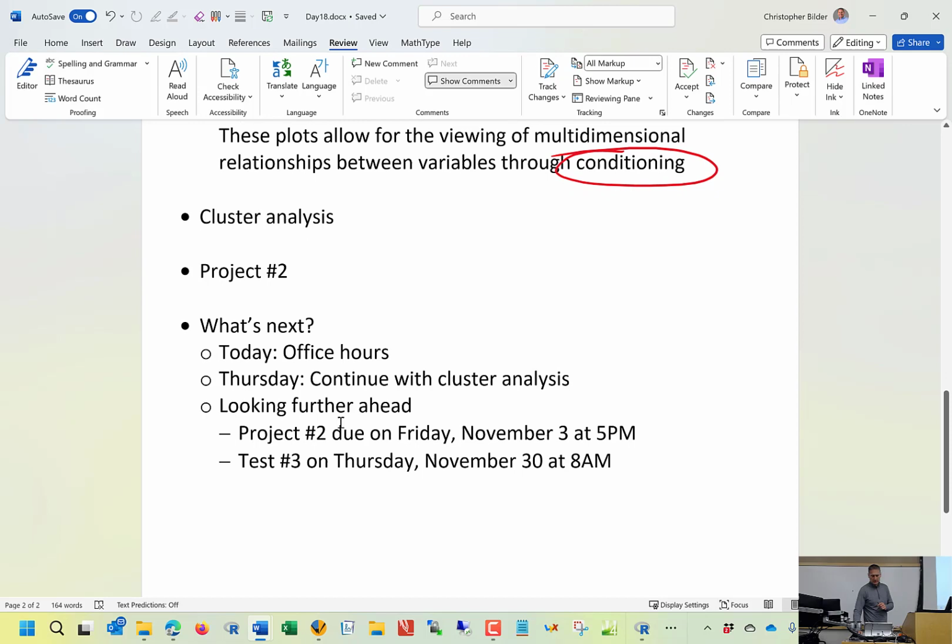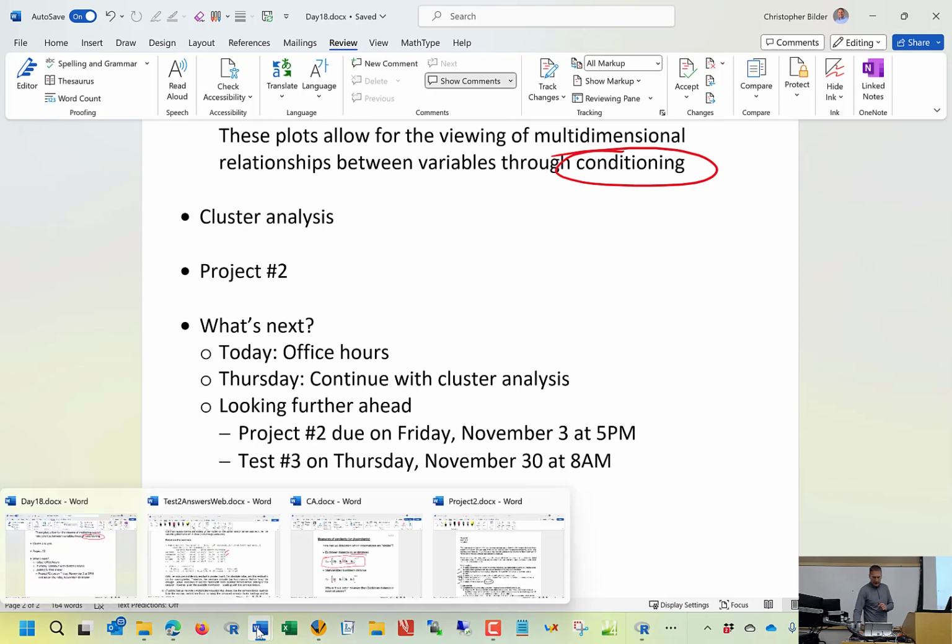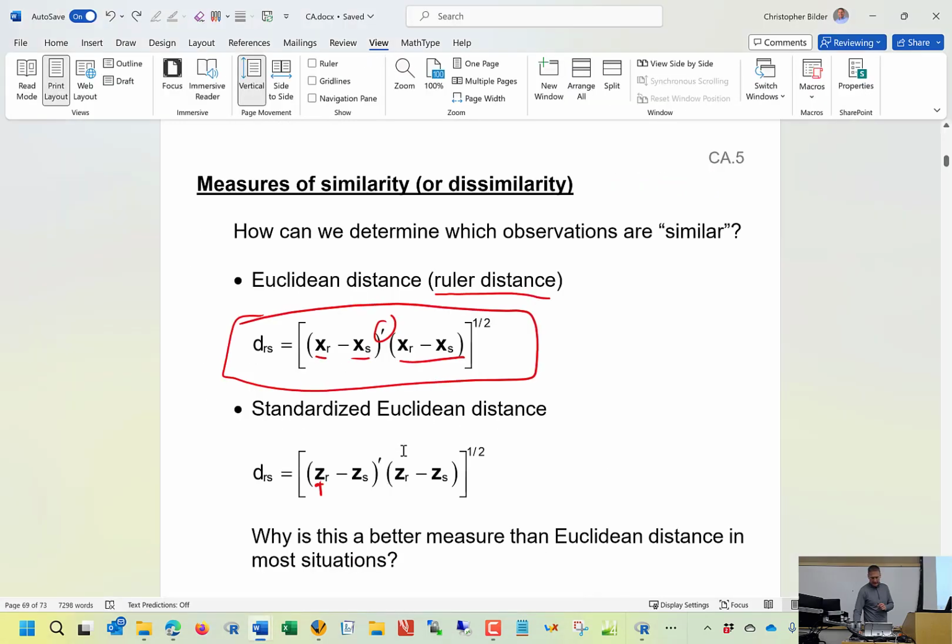Okay. Let's move on to cluster analysis again. So the purpose of cluster analysis is to basically have a formal way to group observations. And these observations aren't grouped in any previous way that you know about.